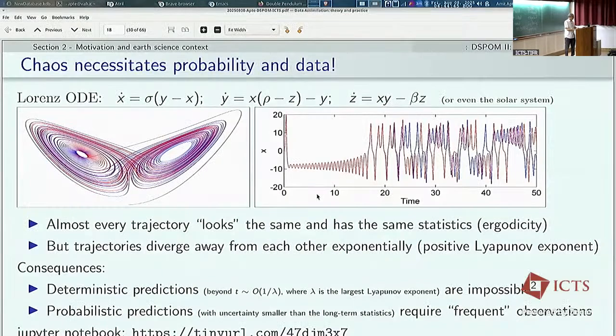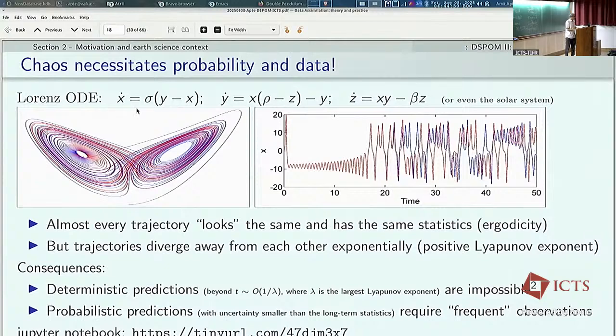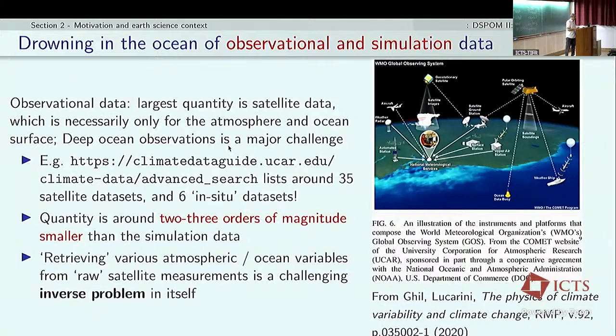So let's see. I think that was my stopping point. Let me just confirm. Yeah, okay. Something about observational data. I'm not going to talk about observational data sets too much because this information gets outdated very quickly. This was from, I think, a couple of years ago, and by now it's already outdated.